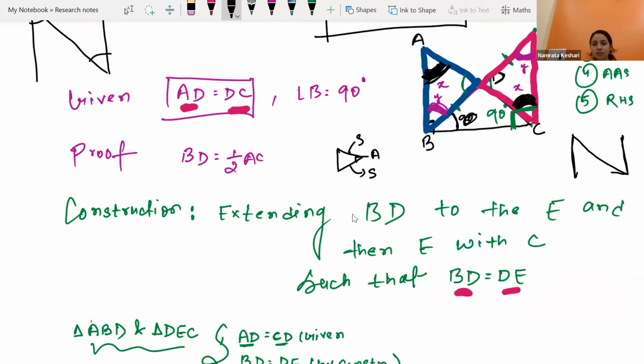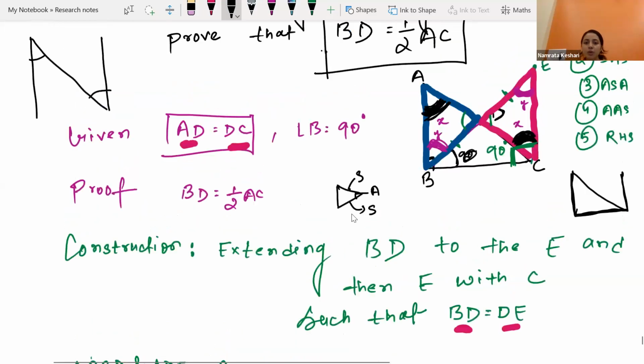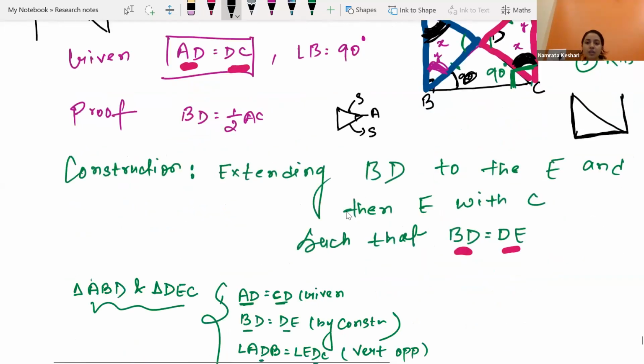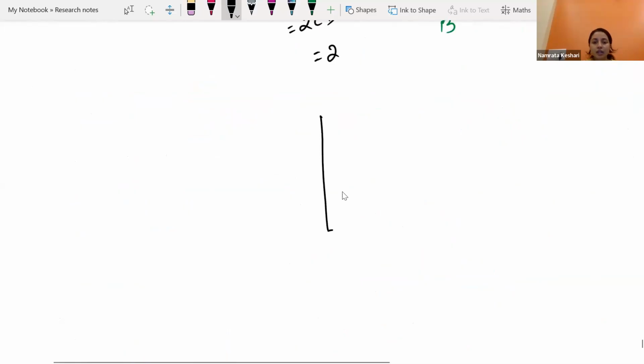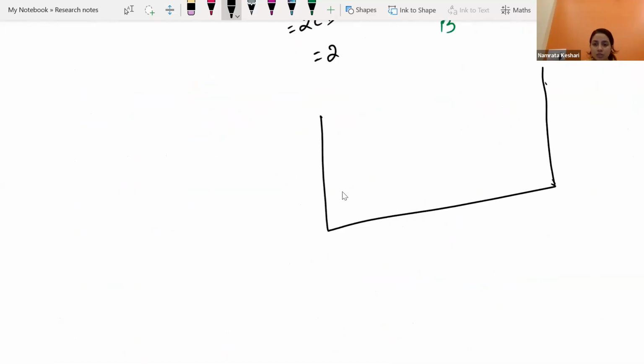I don't want to take one more pair of triangles and then prove those congruent, because if again we will be taking triangle ABC and triangle EBC and again we will be proving it congruent, that then only it will be possible. I just want to minimize the steps.